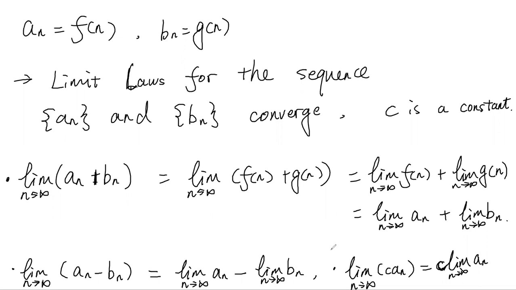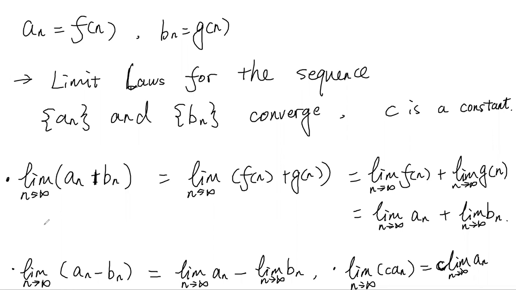These are just from the limits of the functions. Basically, the limit of the sum is equal to the sum of the limits. The limit of the difference is equal to the difference of the limits.